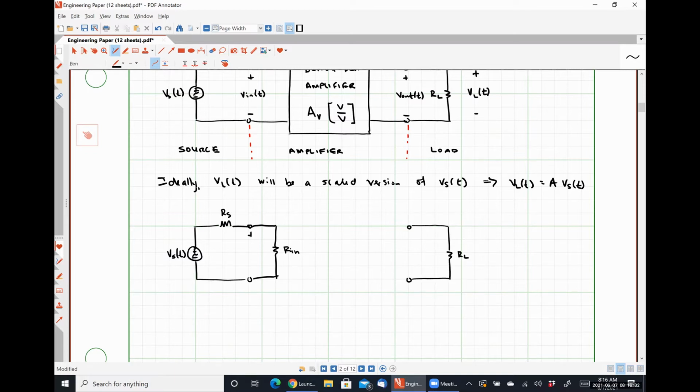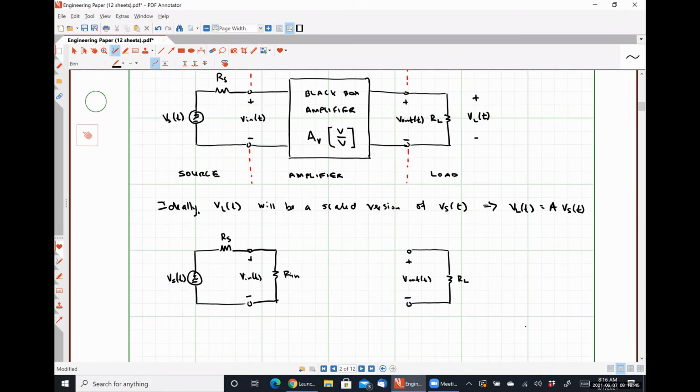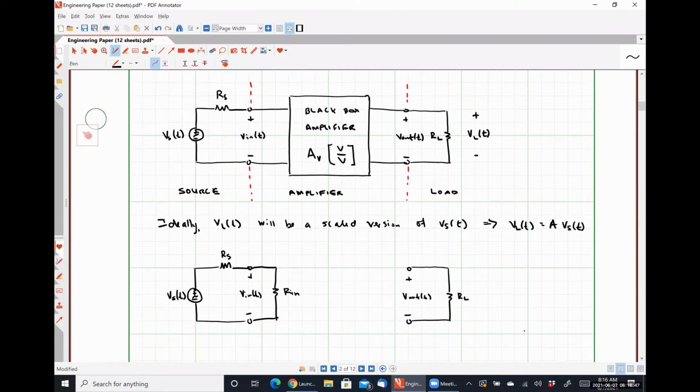This is still our voltage drop, Vin of t. This is still our voltage, Vout of t. Okay, so now let's go back to our original circuit here up top.